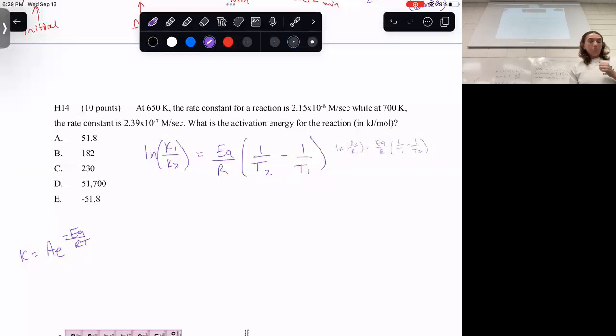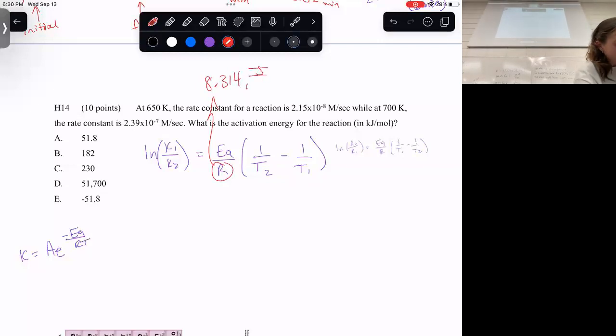Alrighty. For our temperatures, what unit do we need to be in? We need to be in Kelvin. What is our R? 8.314 for this one. What are the units on 8.314?